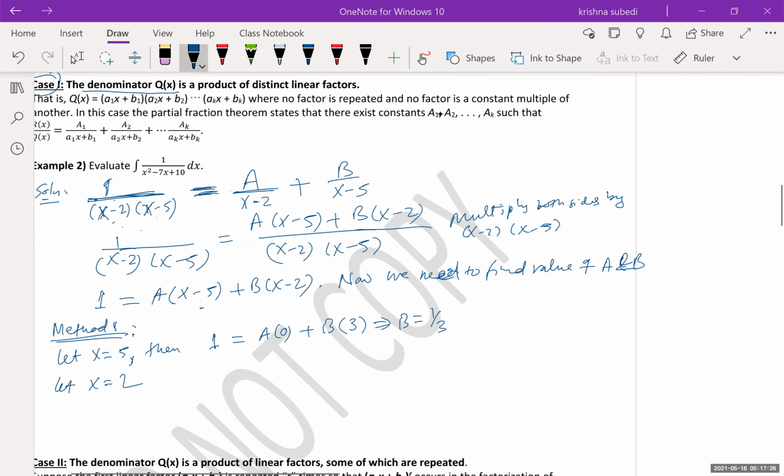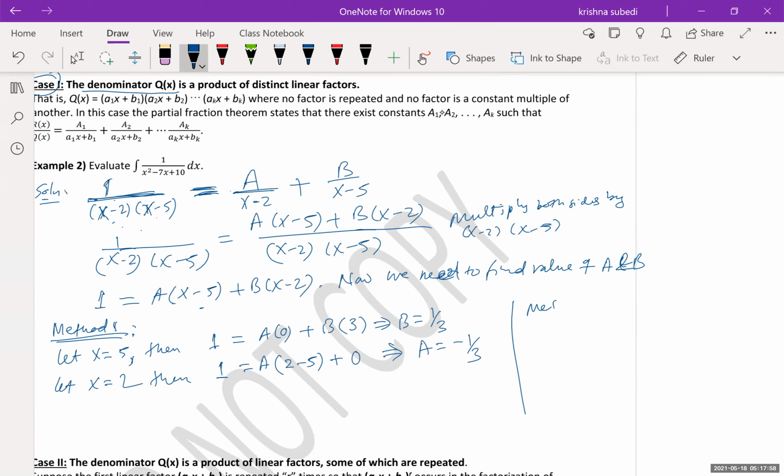Yes, thank you, guys. x equals 2 will eliminate b. Therefore, suppose x equals 2. Then on the left hand side, 1 equals a times 2 minus 5, plus this term will be 0, so that a will be negative 1 over 3. Okay, we got the values of a and b. That's method 1.